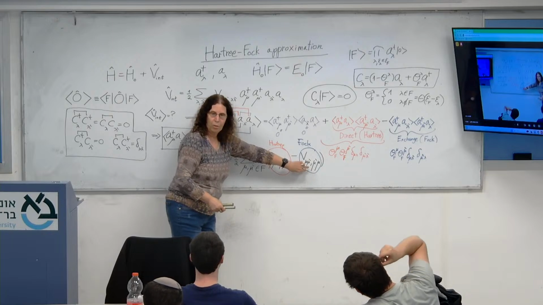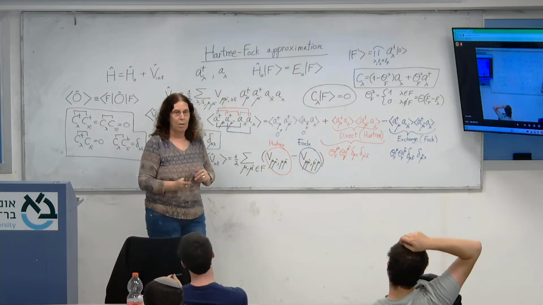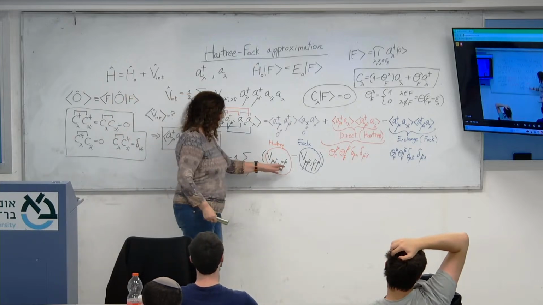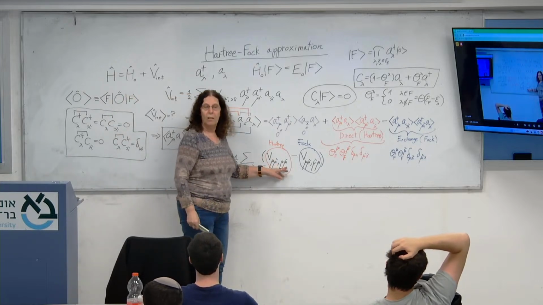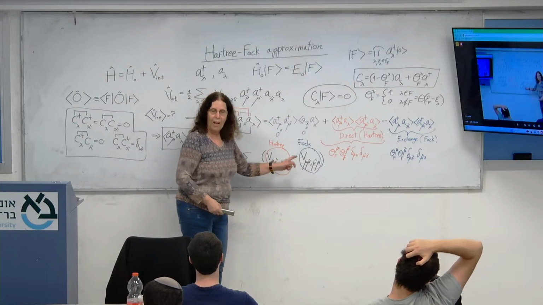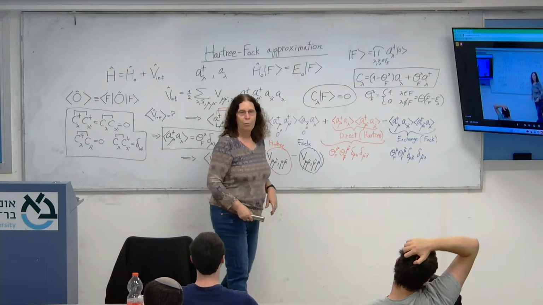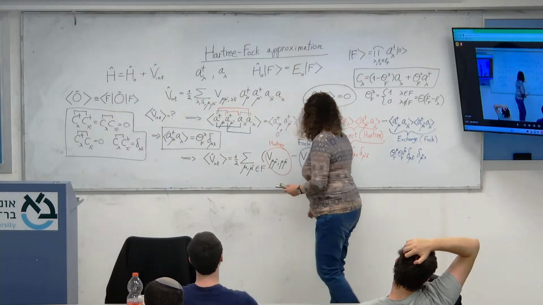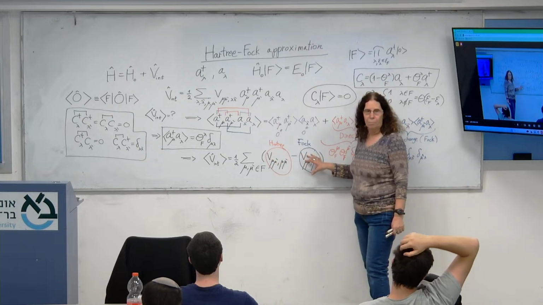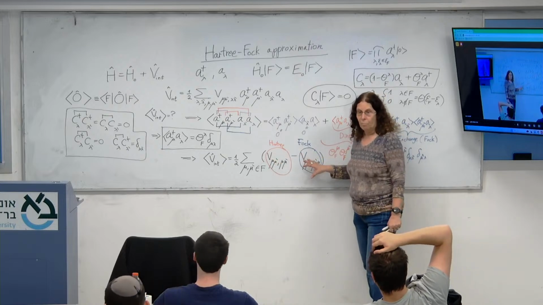Okay, it's important to notice they're not the same. There may be some special cases where they are the same for some reason, and then they're going to cancel each other. But even if they don't cancel each other, this one gives you a positive contribution and this one a negative. Okay?